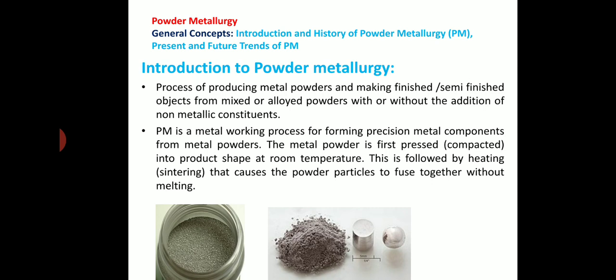The metal powder is first pressed, or compacted, into product shape at room temperature. This is followed by heating, that is called sintering, that causes the powder particles to fuse together without melting.